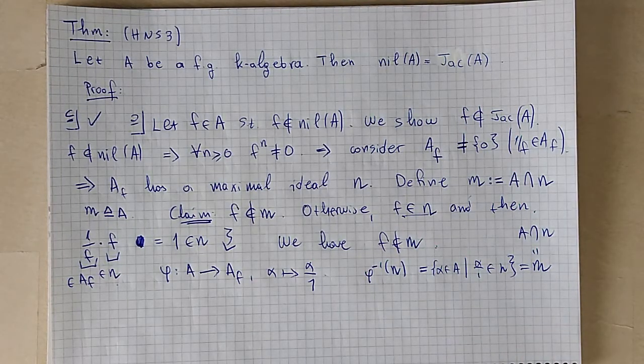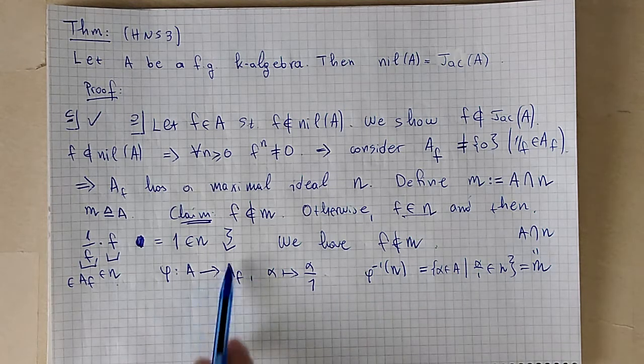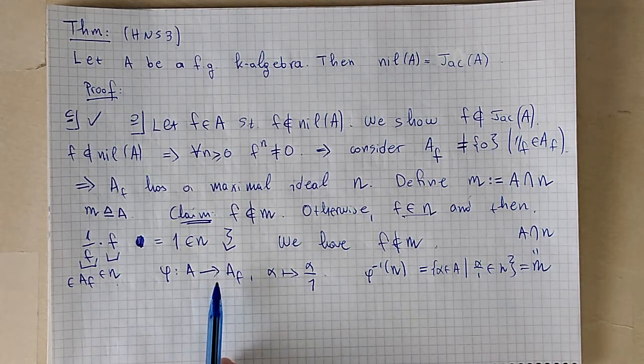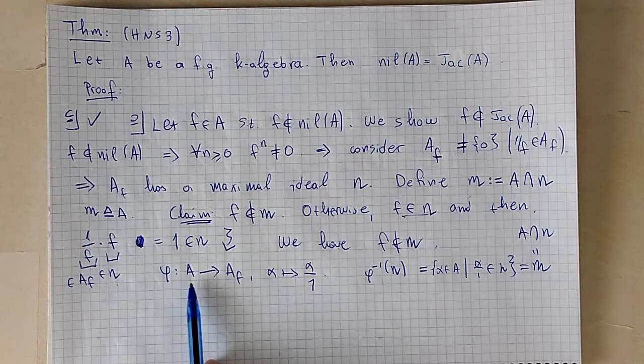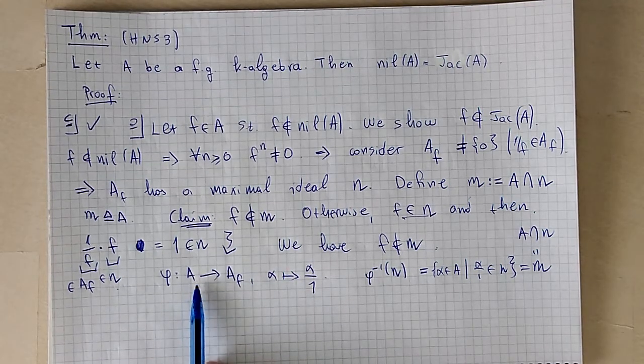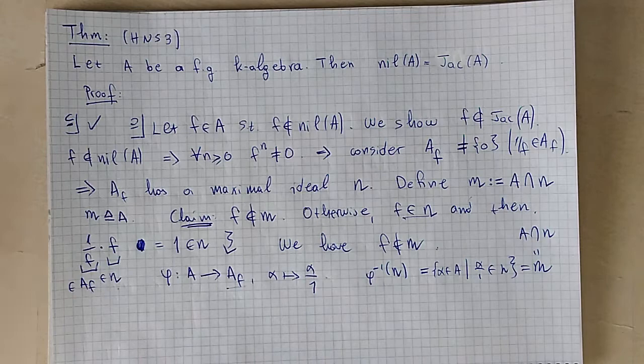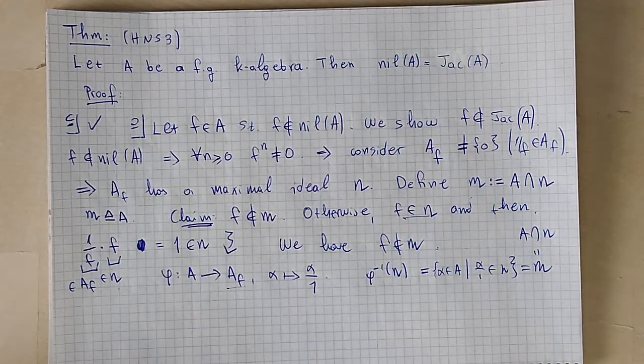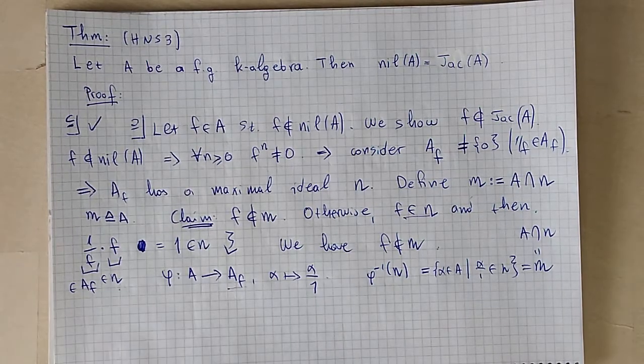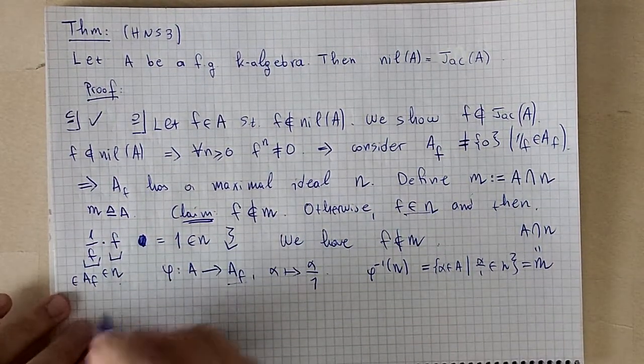But the previous proposition assumed that we had 2 finitely generated K algebras. By assumption, A is a finitely generated K algebra. So all we have to do is convince ourselves that this localization is also a finitely generated K algebra. But this is easy because, first of all, we have this map.